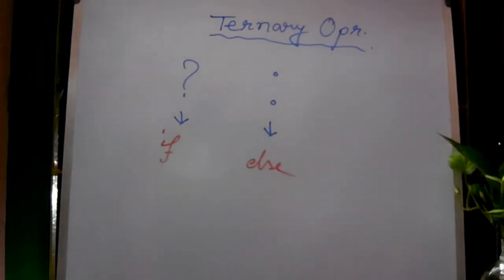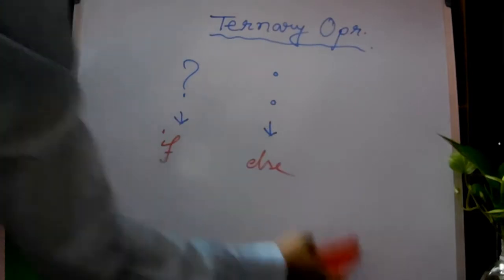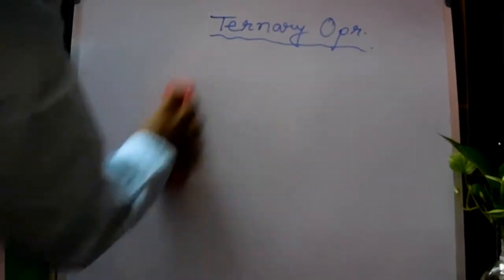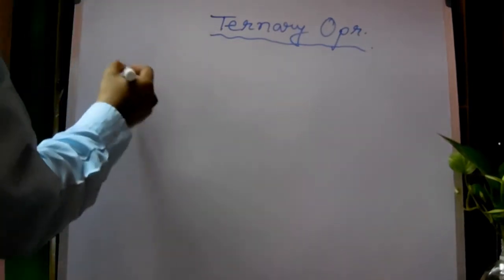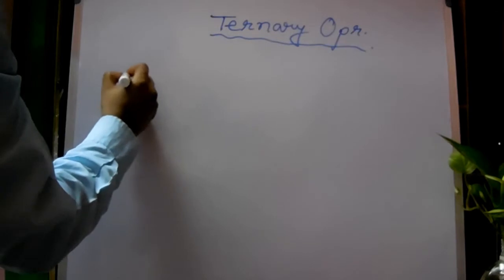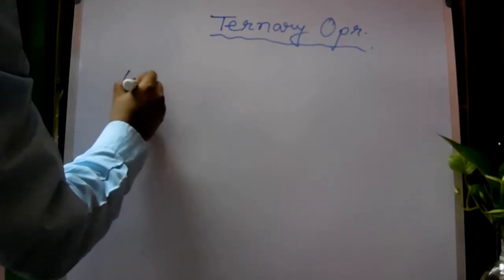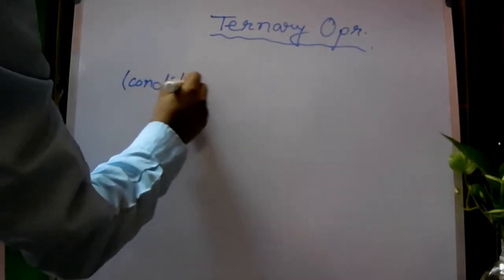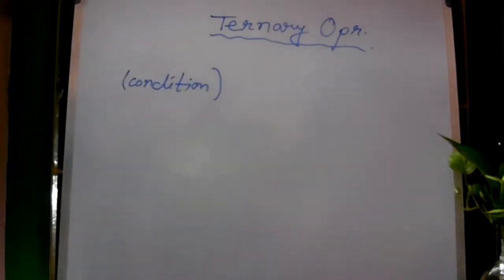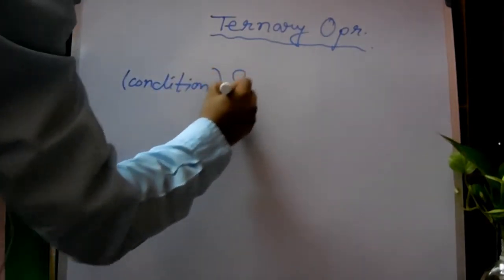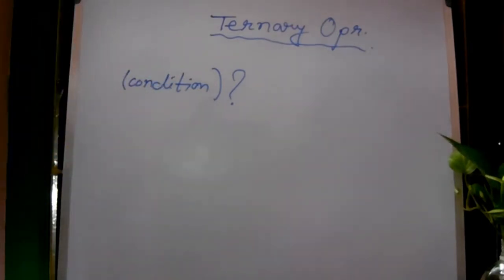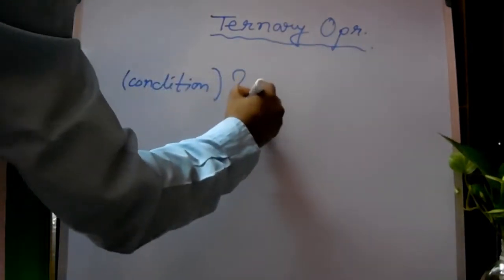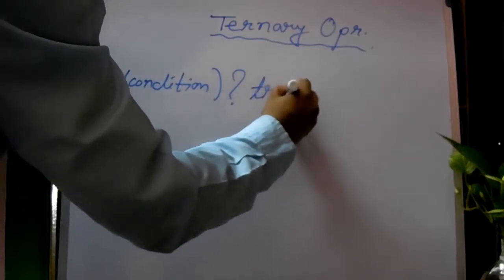Okay, now what is the syntax? How is it constructed as a substitute for the if else statement? The syntax is like this: first we use the condition. Followed by the condition, we put a question mark.